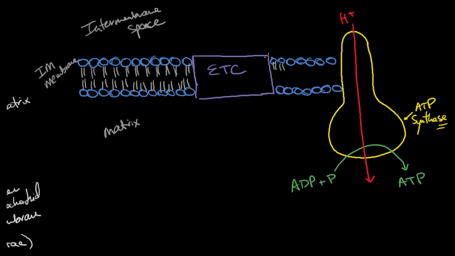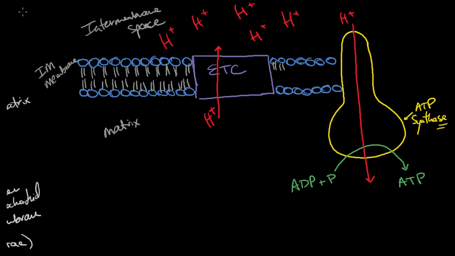So I'm going to leave this as a box. There's a lot of other details that go into the electron transport chain that I'm not going to go into because there's a lot of detail and we're going to try to focus on the larger picture here. But in order to get these hydrogens to diffuse through the ATP synthase, we need to create a concentration gradient, and hydrogens get pumped out. So we'll end up with lots and lots of hydrogens out here, and just a few on the inside.